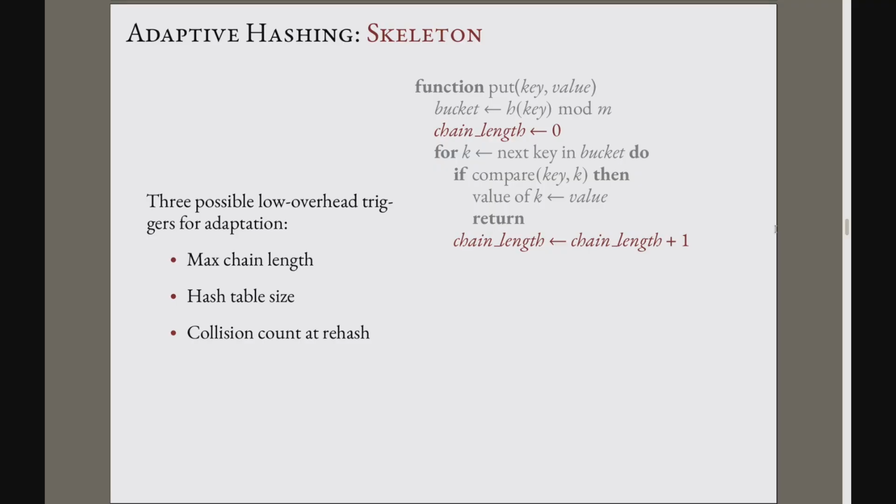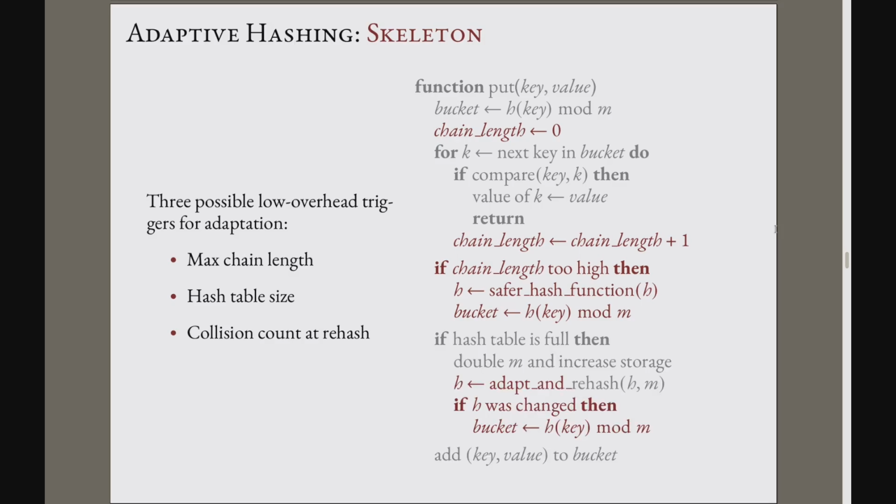So let's look at a typical put implementation. Highlighted in red are the new additions. As put iterates over the keys in a bucket, we just count the number of keys, and if this number is too high, then we are going to fall back to a safer hash function and recompute the bucket.